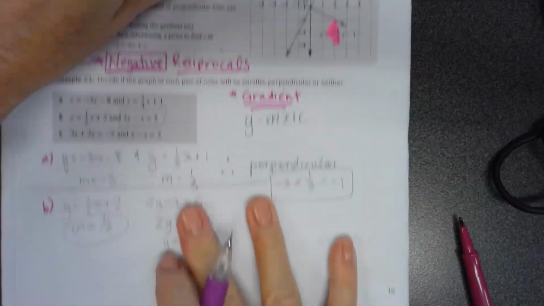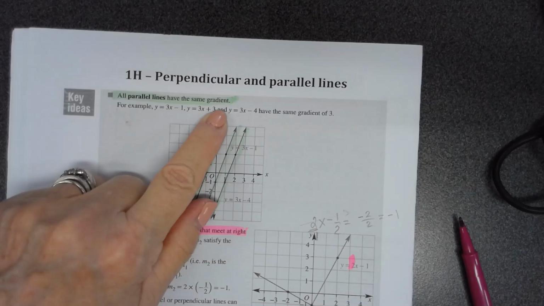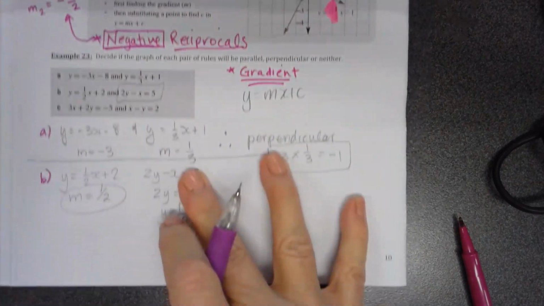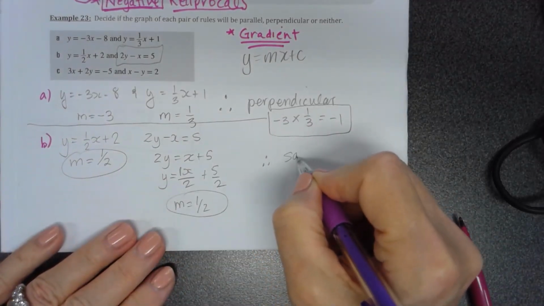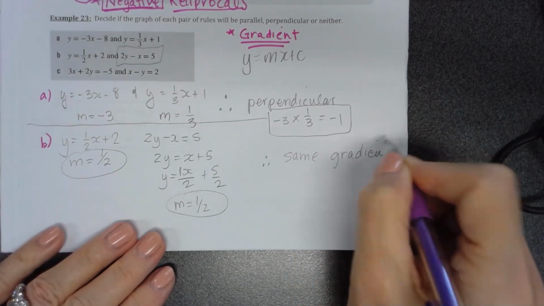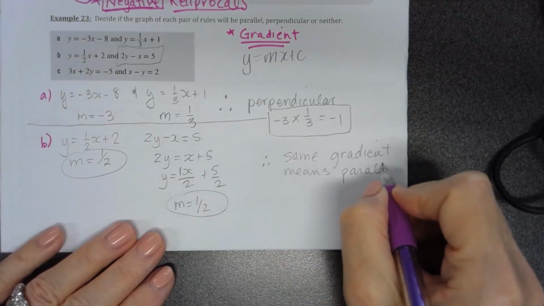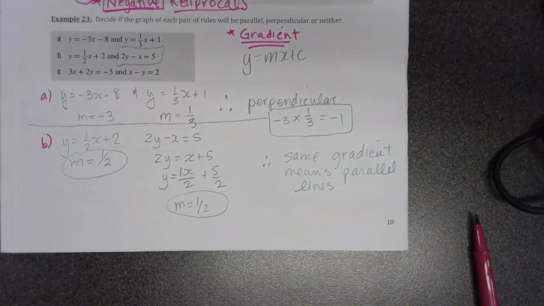What does it say up here? Parallel lines have the same gradient. So they're parallel. So these are parallel. Oh, this is actually like an x. Okay, good. Got it.